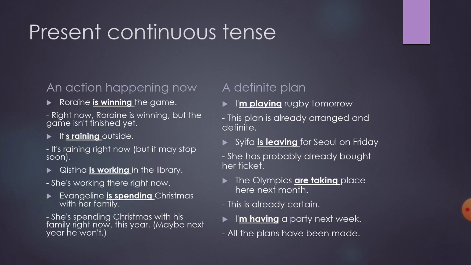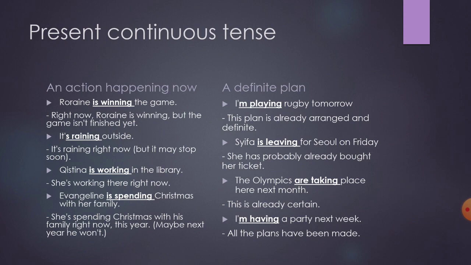Second example, it is raining outside. It's raining right now, but it may stop soon. But for present continuous tense, we don't care about what happens after this. We just care about what is happening right now. Right now, it is raining outside.